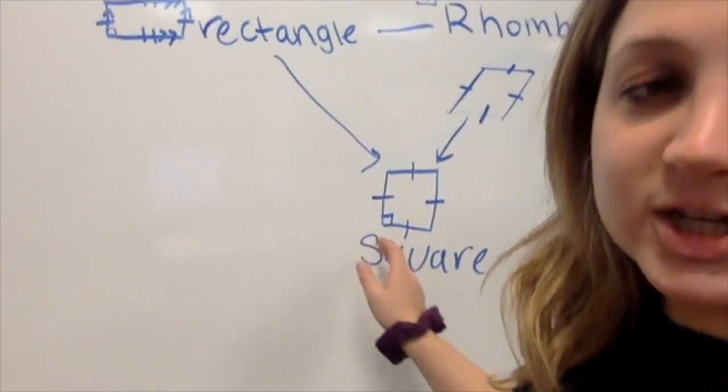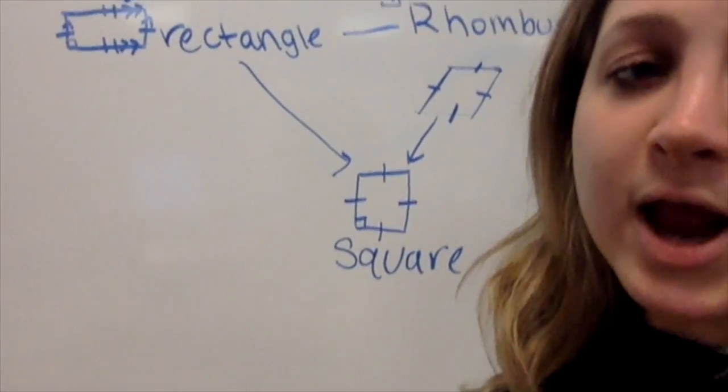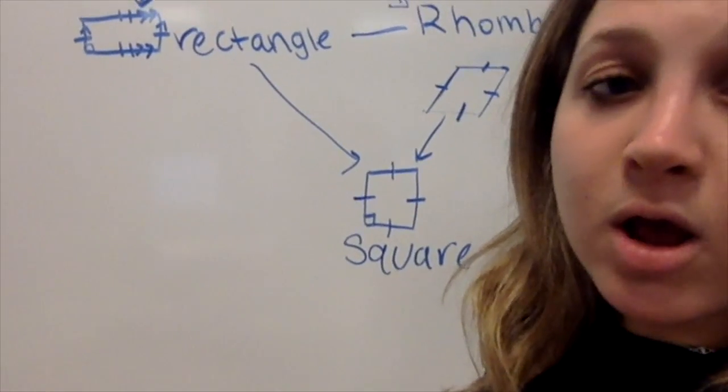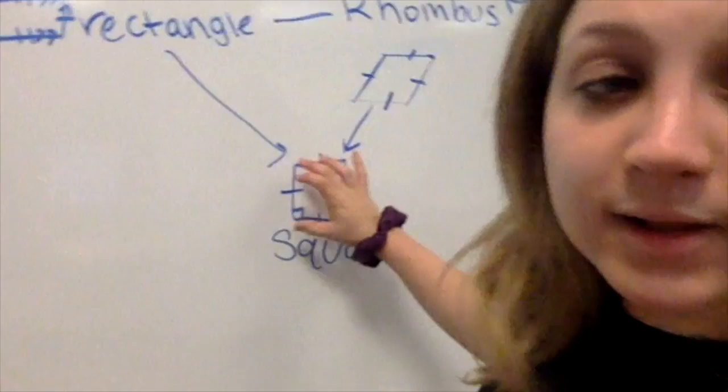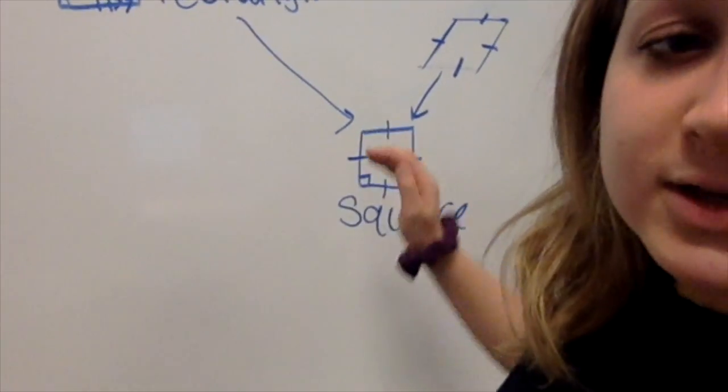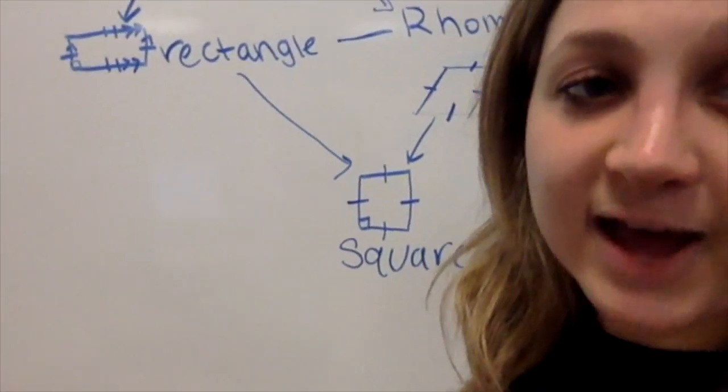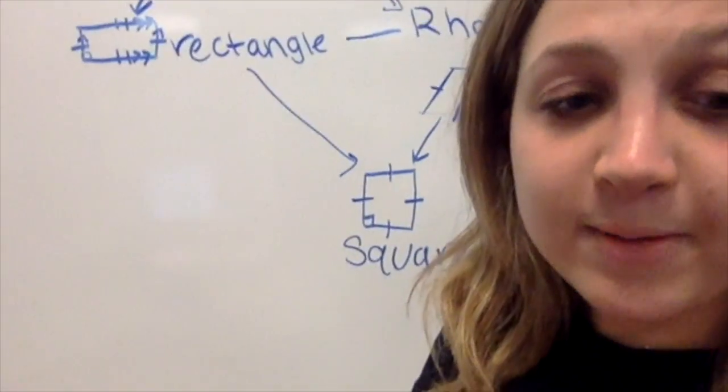So all the adjacent sides are perpendicular to one another. In order to have perpendicular sides, there must be parallel opposite sides. So therefore, we know that the square is a parallelogram.